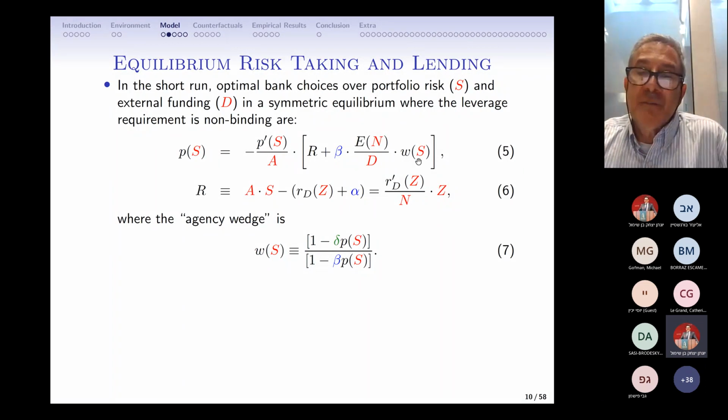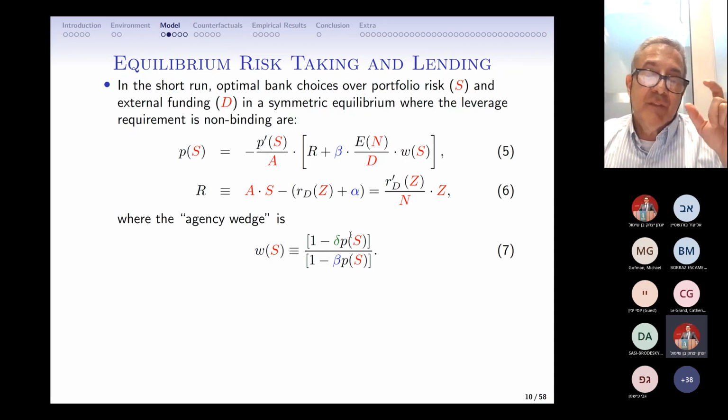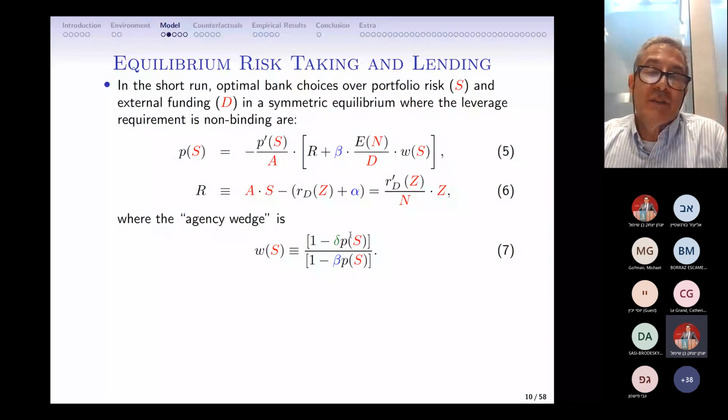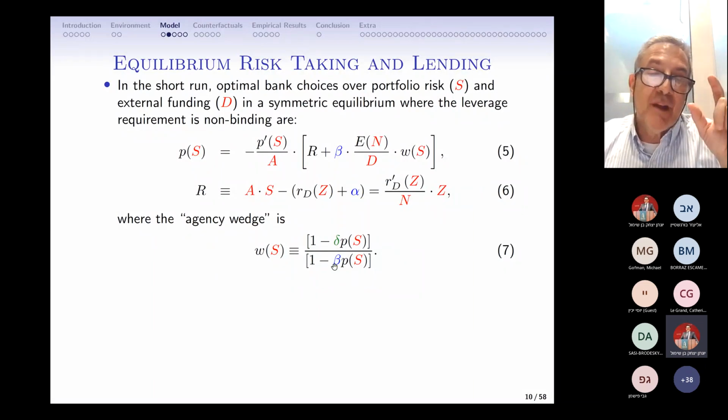And then there's this term W, which is what I'm calling the agency wedge. Here's the definition of what omega, or W, is. Notice that if shareholder and bank manager time preferences are aligned, then delta is going to be equal to beta, and this wedge is just 1.